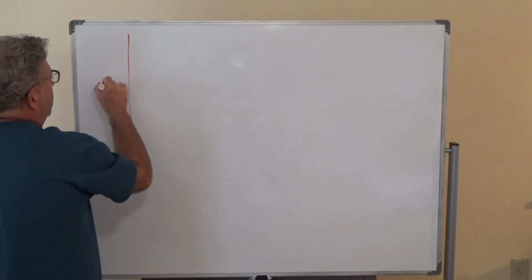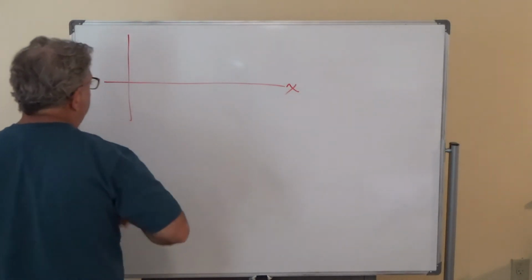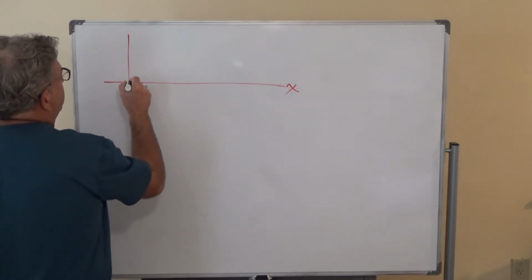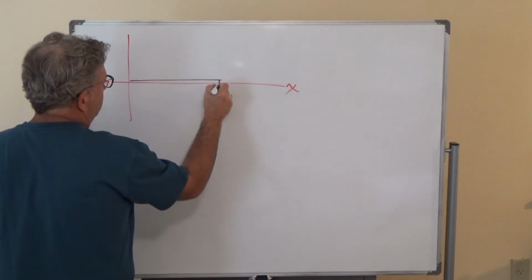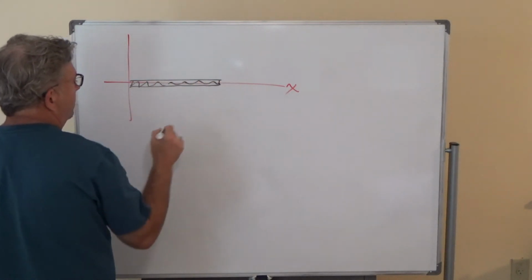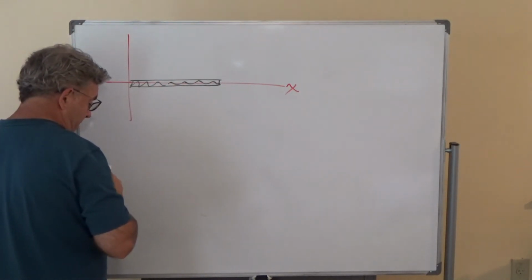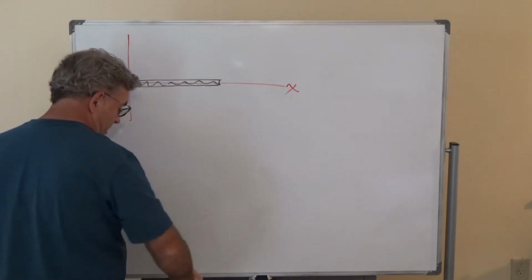So here's the x-axis, and here's the stick. Okay. So what you're doing is you're breaking it up into little bits of dm.